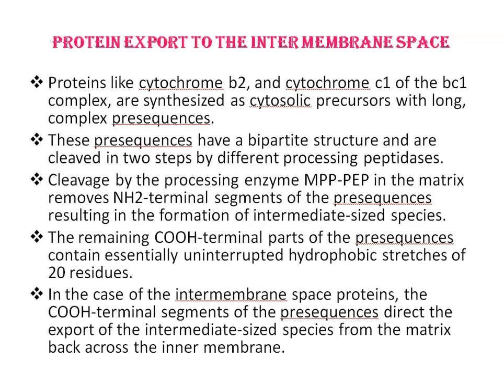Raising the temperature to 25 degrees Celsius and reactivation of MPP by adding magnesium ion initiated the retranslocation of the processing intermediate across the inner membrane, followed by proteolytic processing to the mature size.